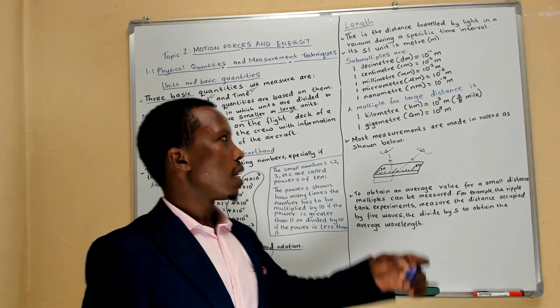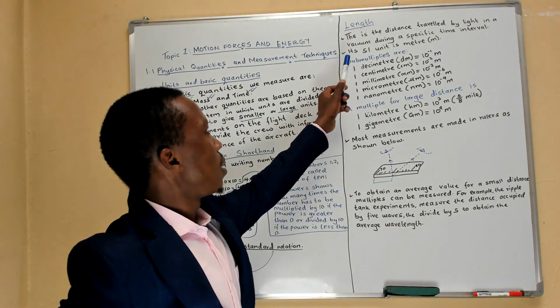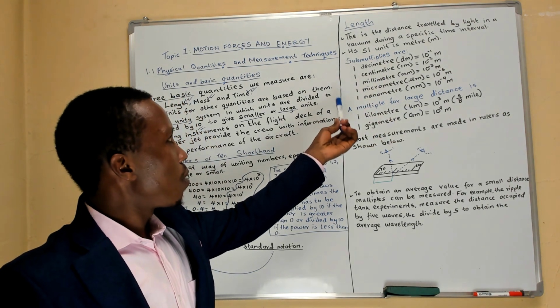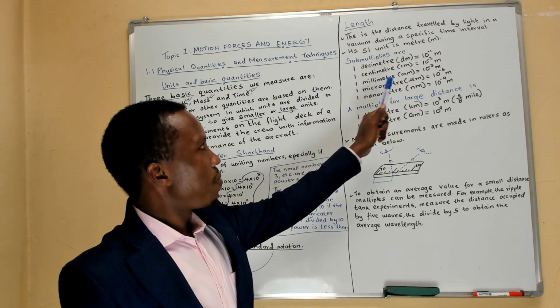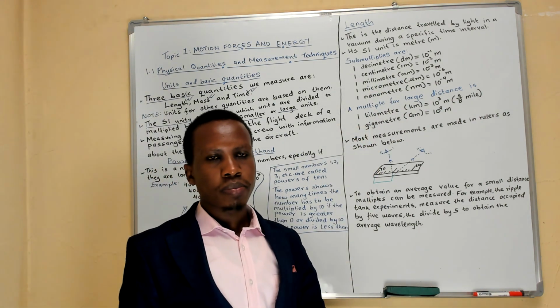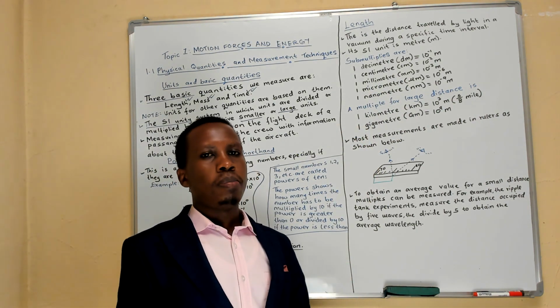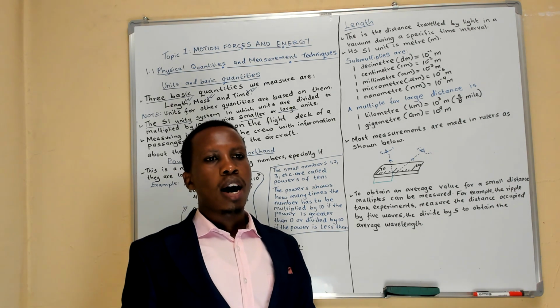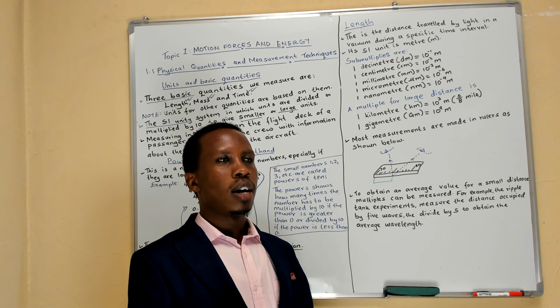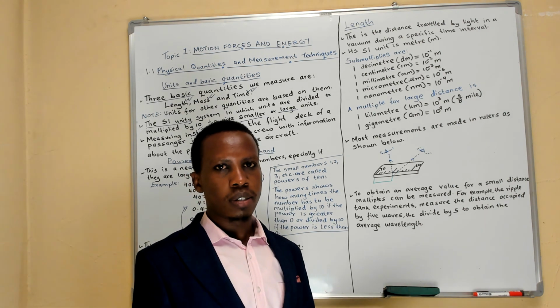And that is length. I've defined length as the distance traveled by light in a vacuum during a specific time interval. Before, and still, we know length as the difference between 2 points.